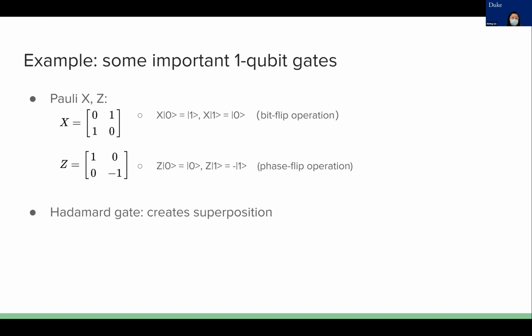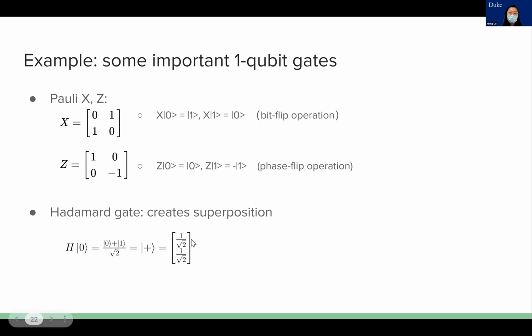And another really important 1-qubit gate is called the Hadamard gate. It can be used to create superposition. So if we apply H to 0, ignore the calculation, what you get is this superposition of 0 and 1 state. And this square root of 2 is just a normalization factor, so that the length of it is still 1.